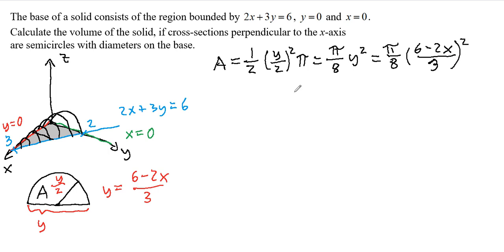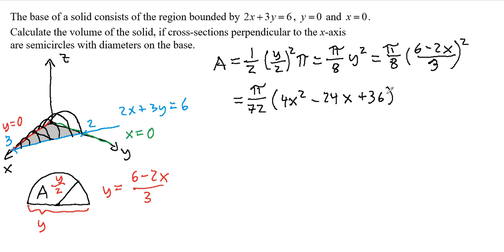And since we know that we eventually have to integrate, we may as well simplify this even further. Now 3 squared is 9, 8 times 9 is 72. And then sorting the terms from highest degree to lowest, negative 2x all squared yields 4x squared. The middle term is negative 2 times 6 times 2 gives us 24x, and then 6 squared gives us 36.